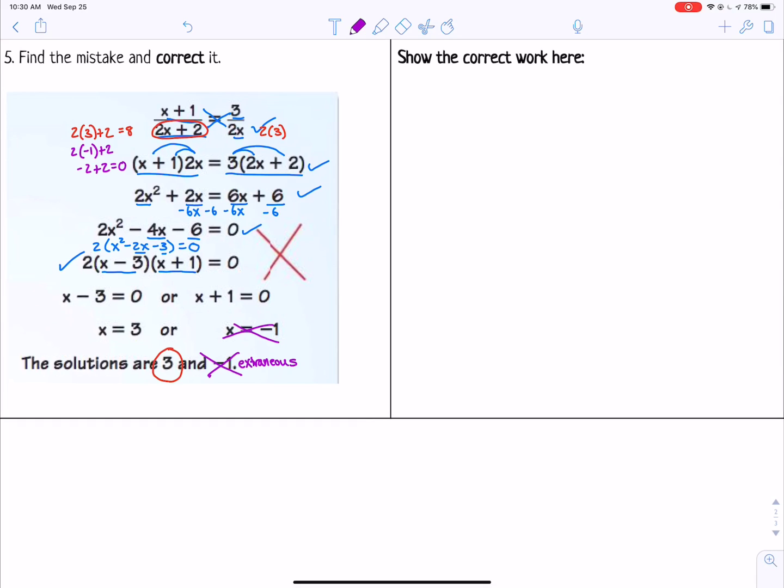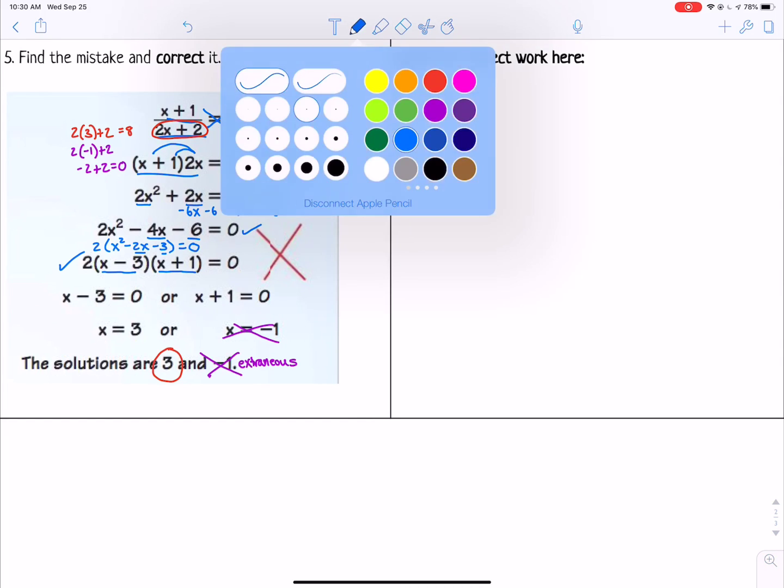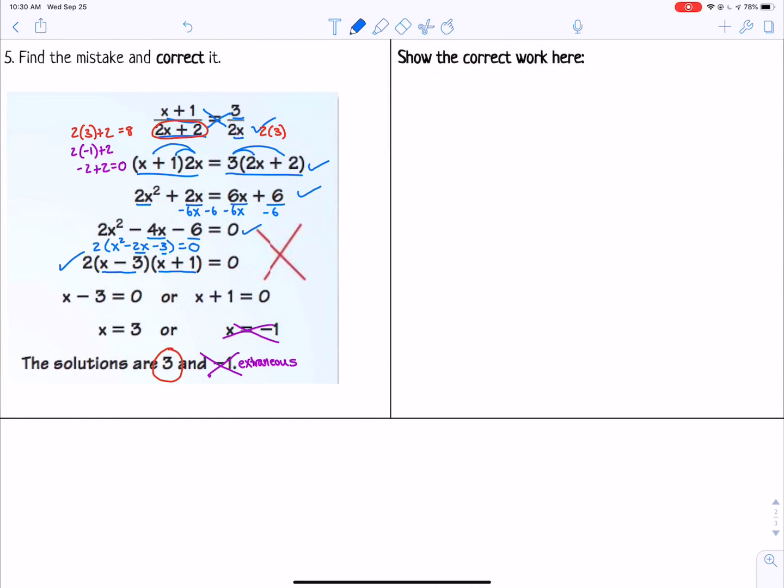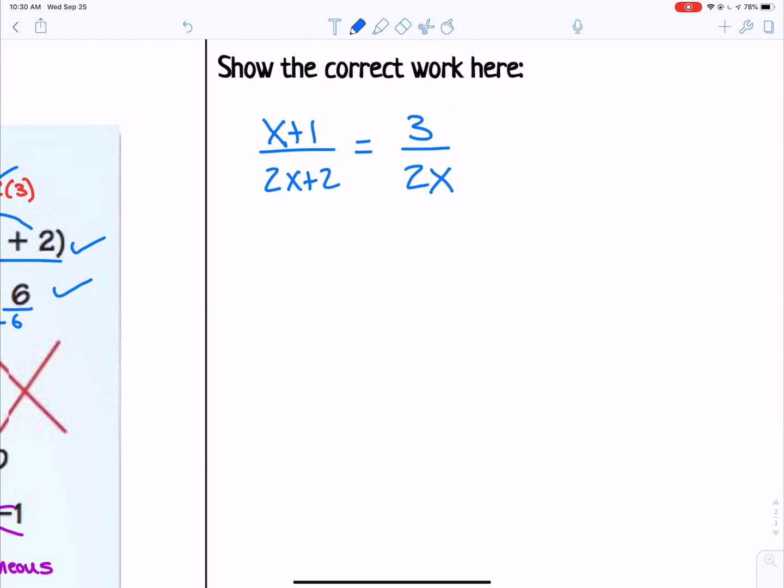So to show the correct work for this one, we could write all of their steps down to that point and just explain that -1 is extraneous. So let's just say (x plus 1) over (2x plus 2). Let's solve it a different way, actually, just for some extra practice.